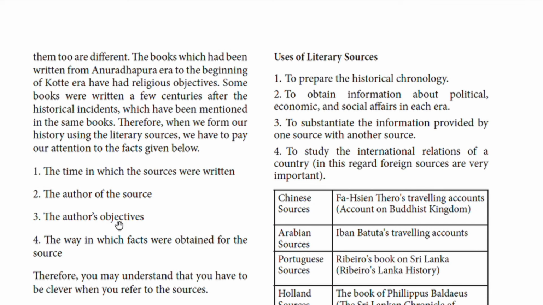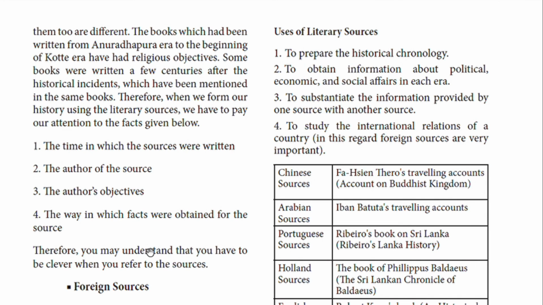Then the author's objectives. Normally, Putala, if the author is a Thero, we can see that most of the facts are related to the Buddhist Sasana. And the way in which facts were obtained for the source. If we take the Mahavamsa also, they took some information from the previous text.